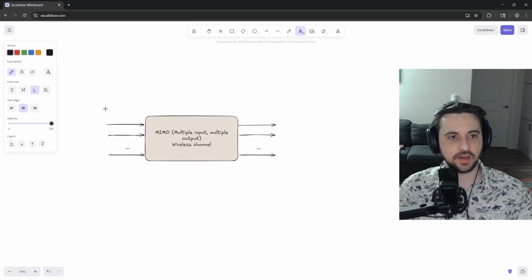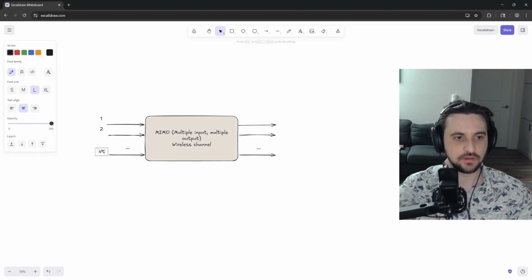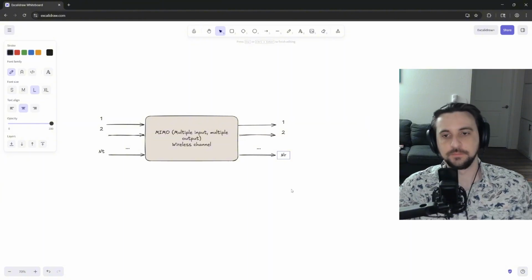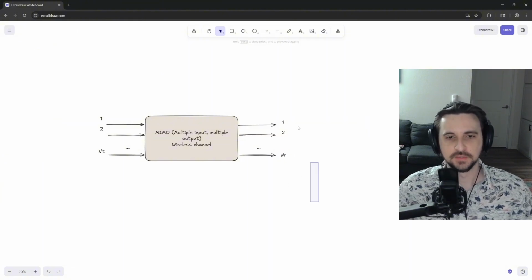And let's say I have the first transmitter here, the second one here, and we're gonna use NT for number of total transmitters, and guess what, we're gonna use NR for number of total receivers. Okay?